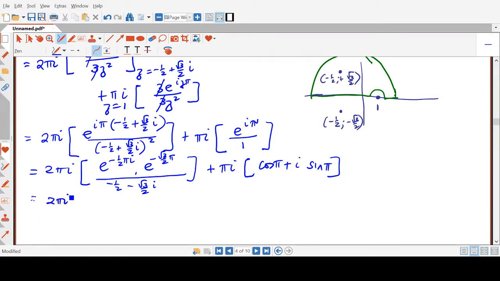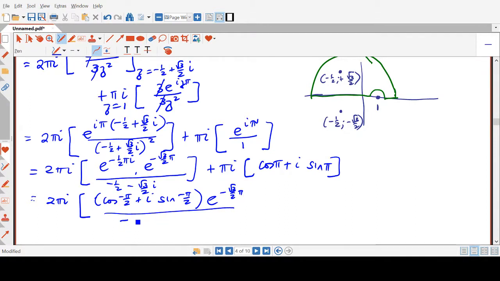It's 2 pi i times e to the minus half pi i, which is cos minus pi over 2 plus i sine minus pi over 2. e to the minus root 3 over 2 pi, which is just a number, over minus half plus root 3 over 2 i. And this side here, cos of pi is negative 1, so it's minus pi i. That at least is sensible. Sine pi is 0.